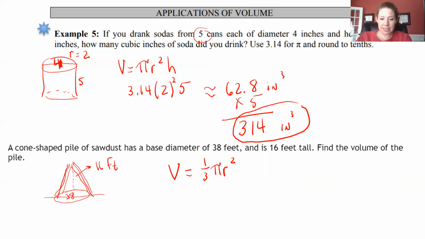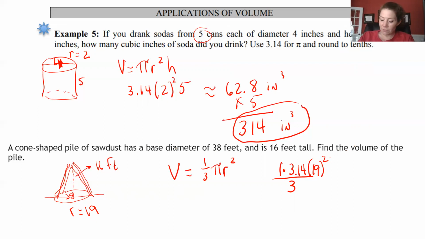Excuse me. All right, so we're going to do 1, our denominator's 3 times pi, 3.14, times our radius. So if our diameter is 38, what is our radius? Our radius would be 19, right? 19 is half of 38. So we're going to multiply by 19 squared.